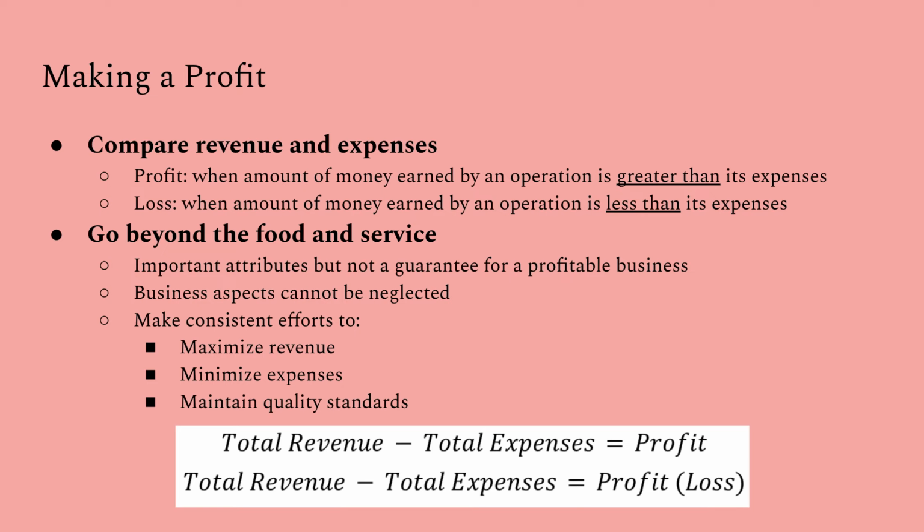So this is the toughest part of running a business like this, because it is a consistently changing industry, subject to so many different changes within society, that you have to keep your ethos in line. And this is pretty much the best way to do it: maximize your revenue, minimize expenses, but maintain the quality standards. Don't change anyone's expectations.